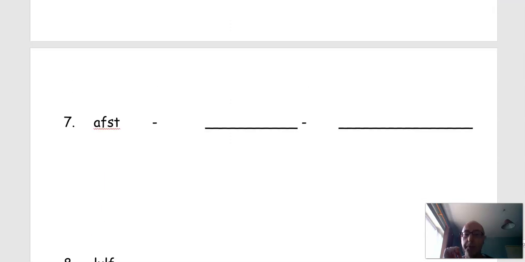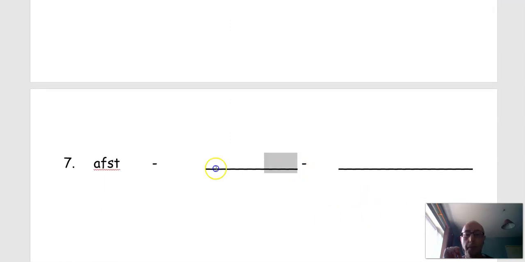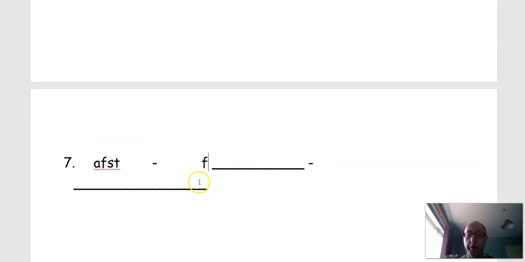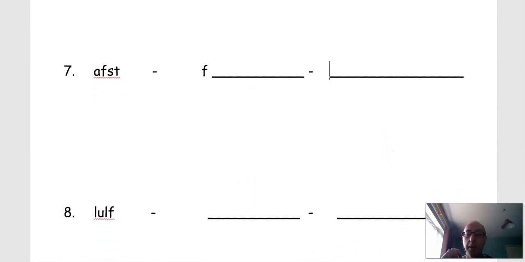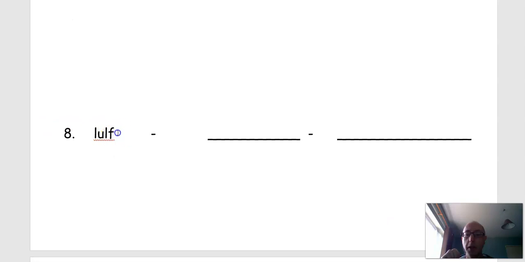Number 7. What is this word here? To help you, it begins with an F. What's the word? And what is the opposite? And number 8. What is this word? You have to change the letters. First letter is F. What's the word? And what is the opposite?